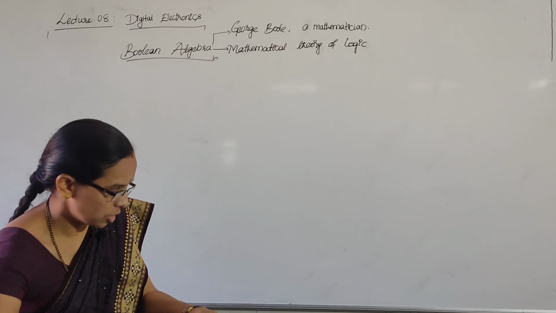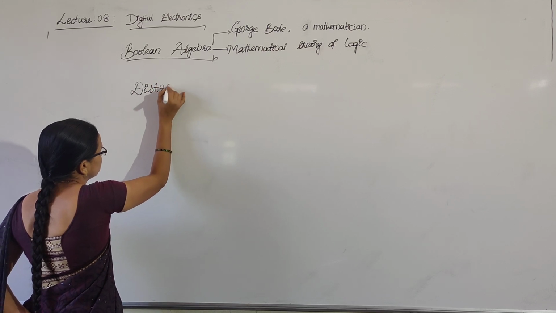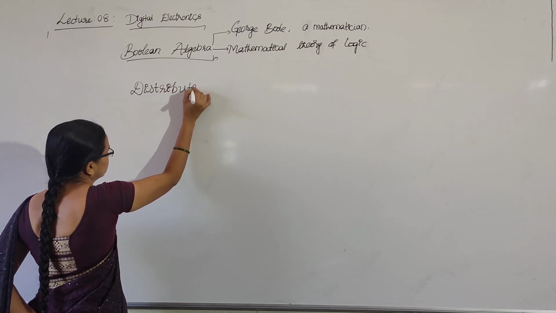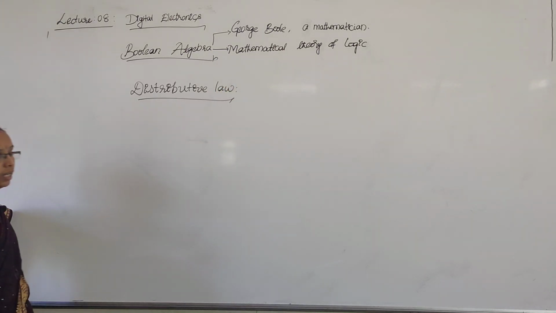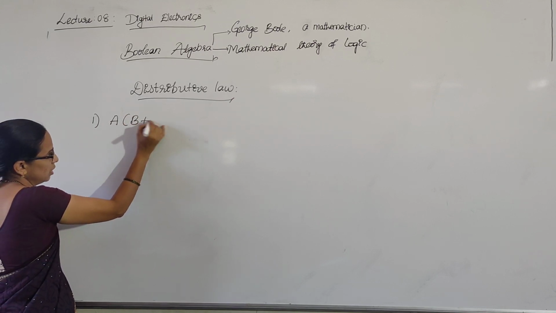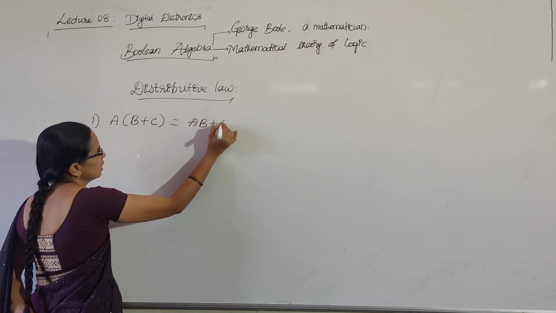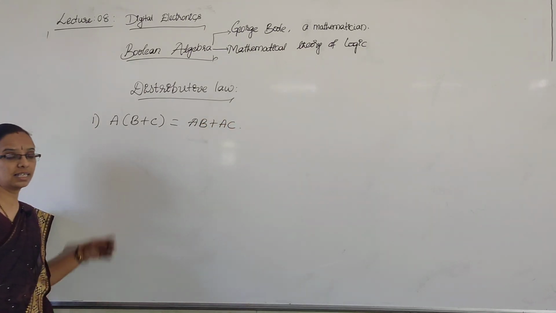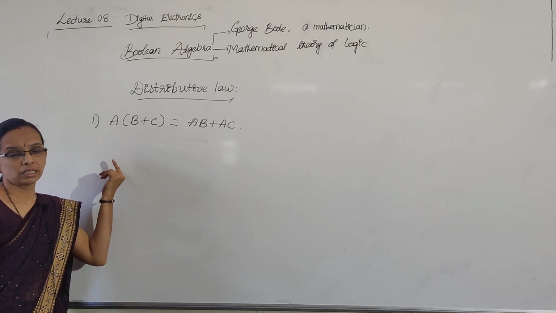Next is distributive law. Distributive law, the first one is A and (B plus C) is equal to AB plus AC. This is same as your mathematical algebra, right?